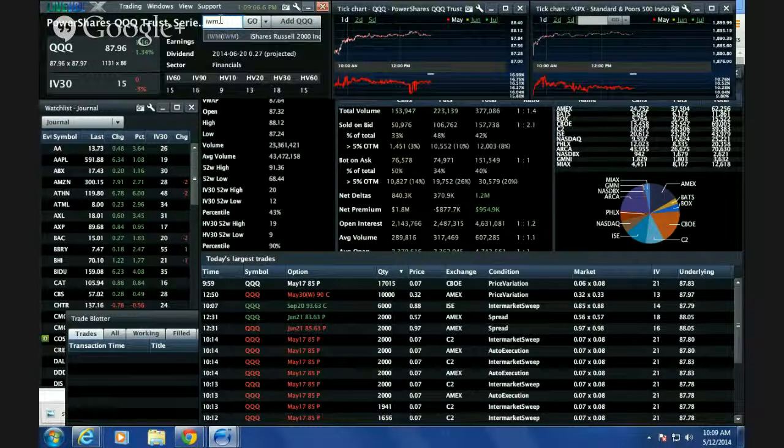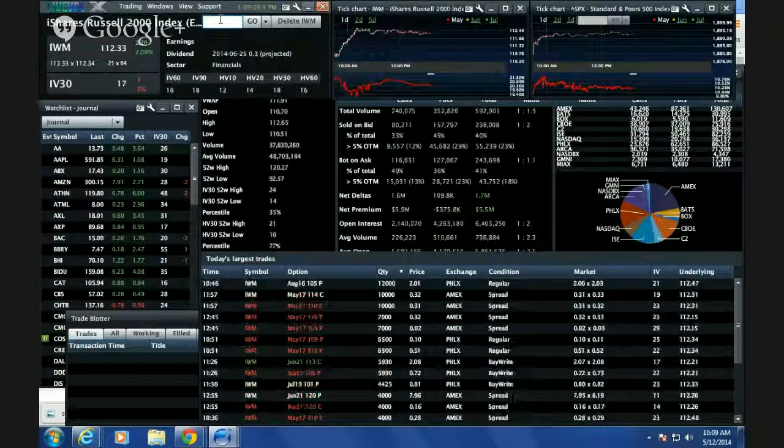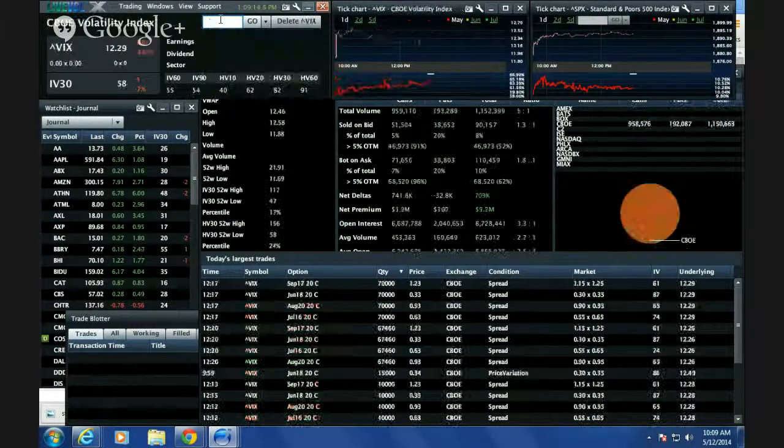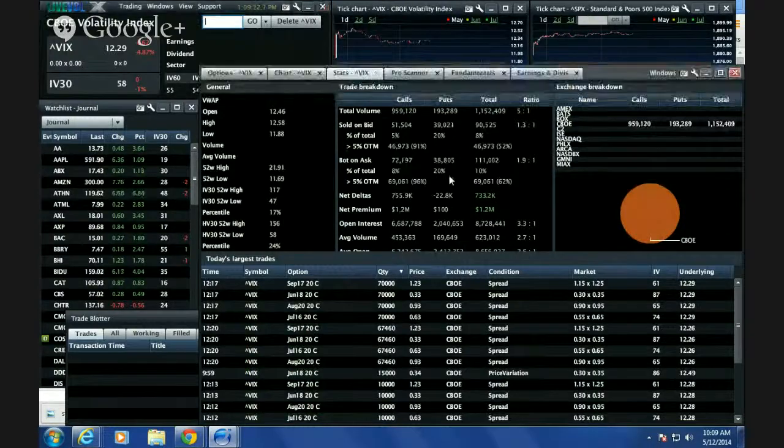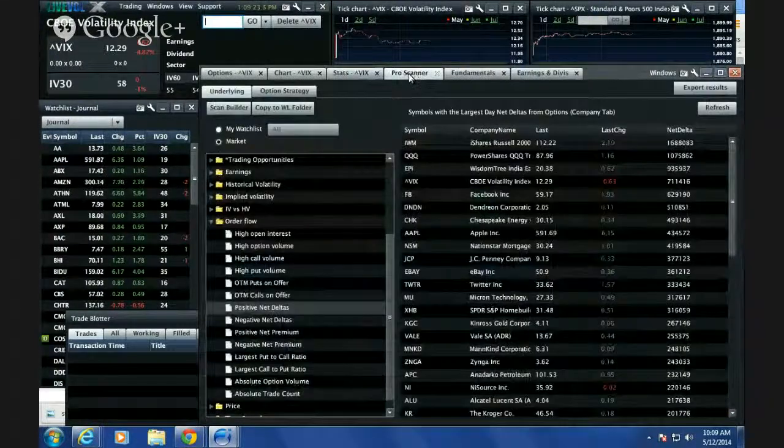Now that doesn't mean that it's necessarily just going long, but it was interesting that the net delta is positive and the net premium is positive in all three of them. Yeah, the other one was net premium, so I want to show that.